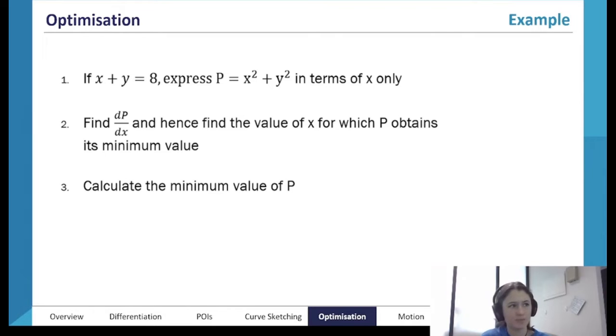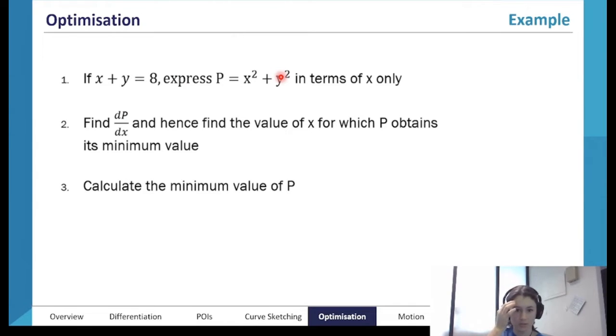Now, a typical thing that you're going to see in optimization questions is that you will be able to express things in terms of two equations, but both of those equations will have unknowns in them. So in the two equations that we've been given here, x and y are occurring in both of these equations. So we can't just use both of these straight up, right?